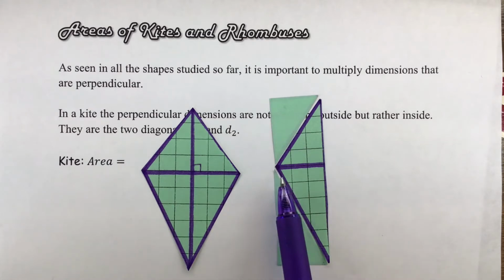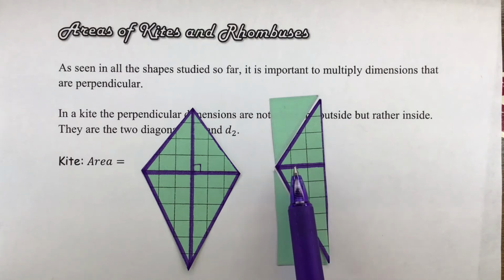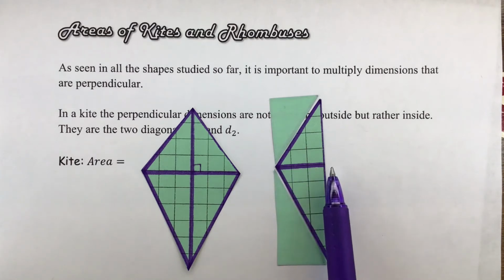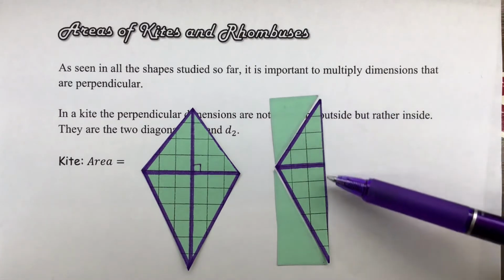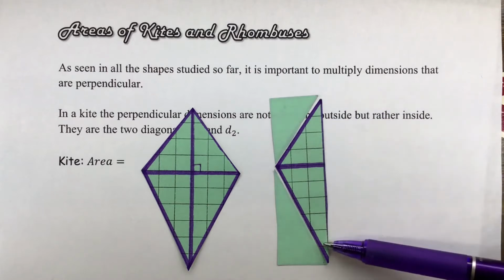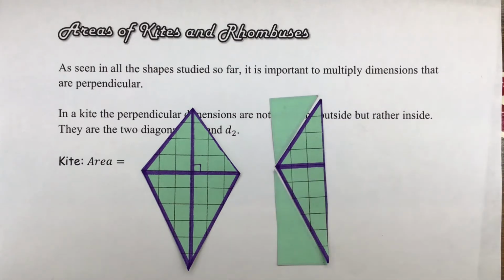So I can really just look at this one and think about how the diagonals are used to figure out how the area would be calculated. And here, the width of the rectangle is going to be half of the length of one of the diagonals. The height of the rectangle is going to be the length of the other diagonal, which we can see on this side here. So you've got one diagonal multiplied by half another diagonal.